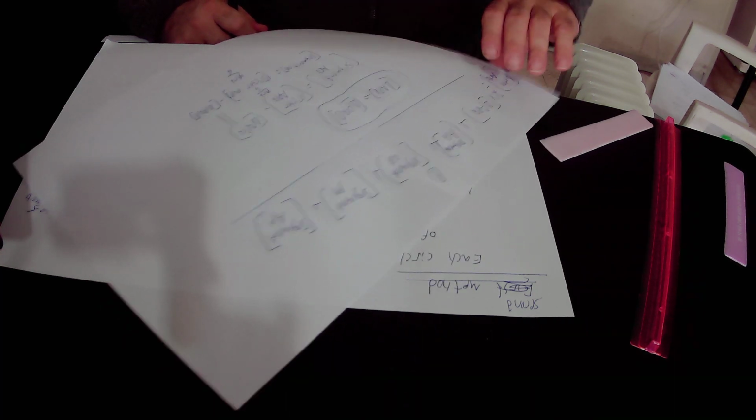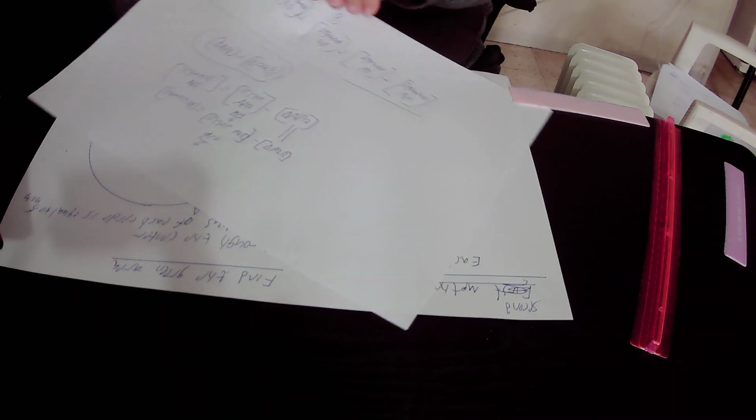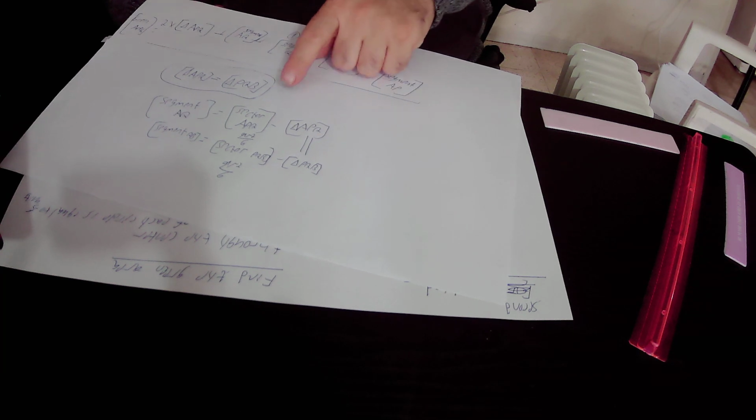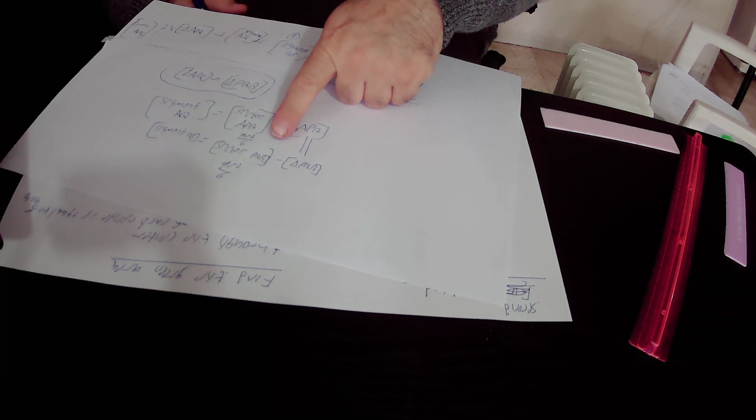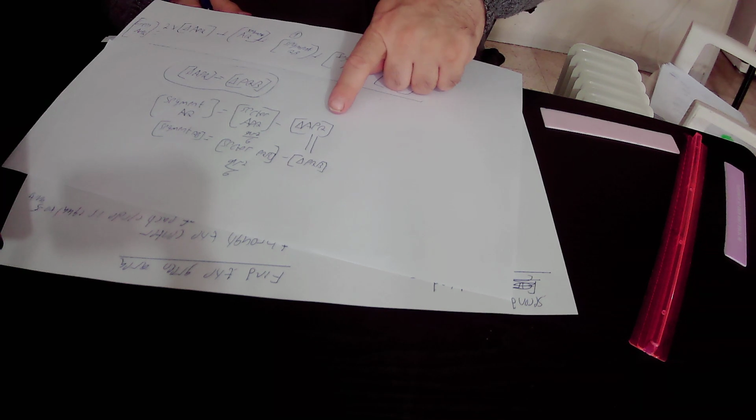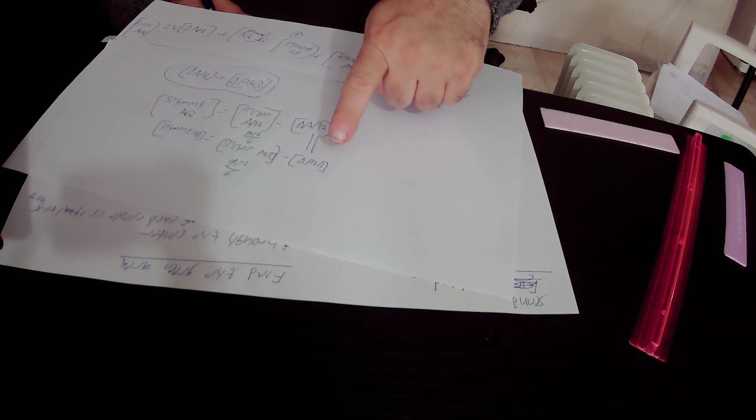So the area of sector APQ is equal to the area of sector PQB, and the area of triangle APQ equals the area of triangle PQB.